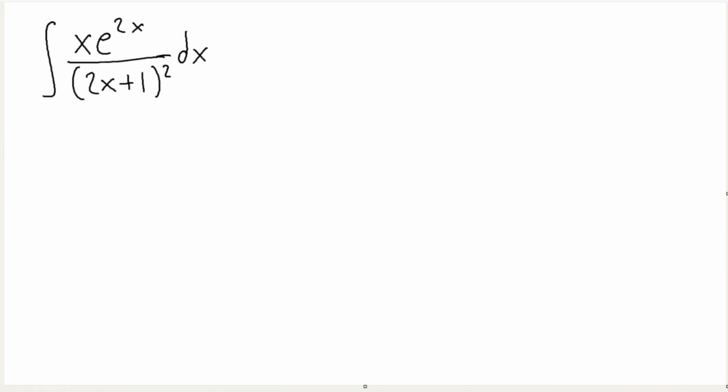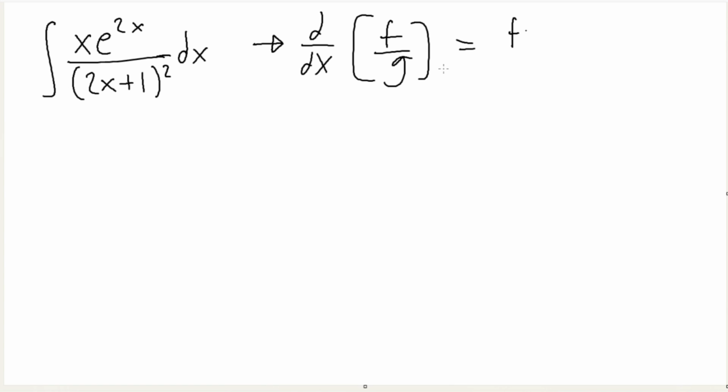Here, because I see that square at the bottom, this looks like quotient rule. For quotient rule, when we derive f over g, it is f prime g minus f g prime, over g squared.